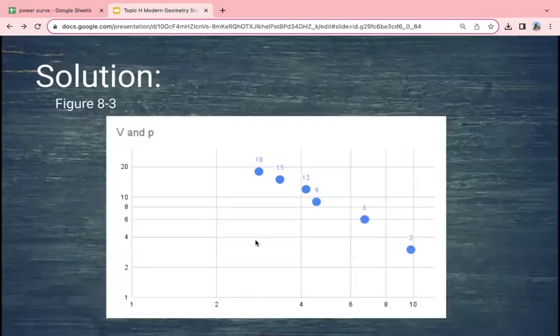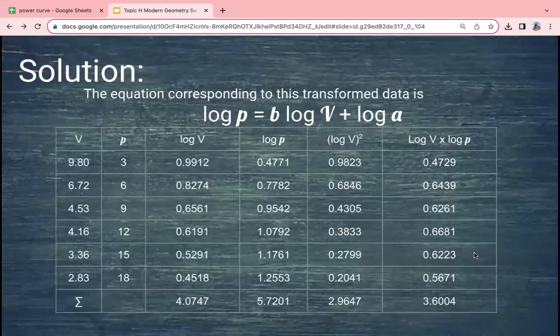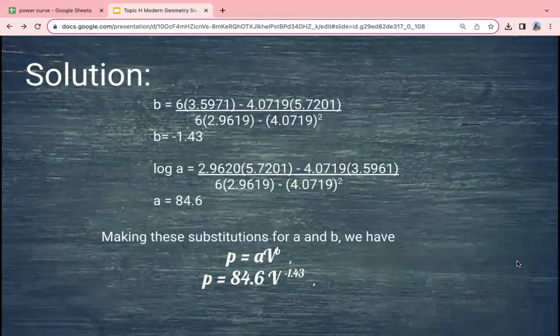Okay, so here we go. So that's figure 8-3. And so I just presented here the values and just copied what we have in the Microsoft or Google Sheets. And then we can now solve for the value of b.